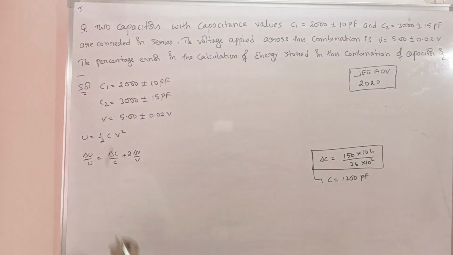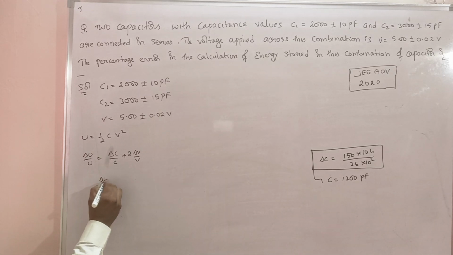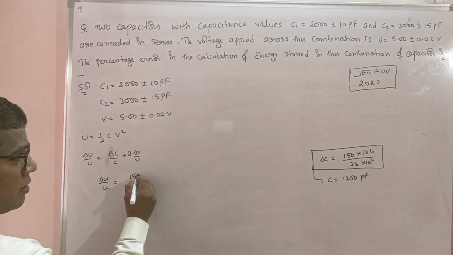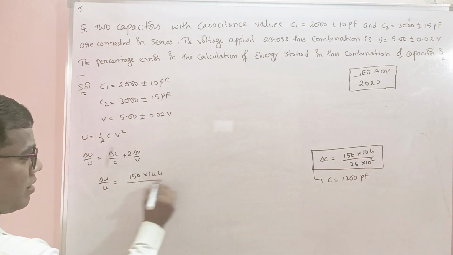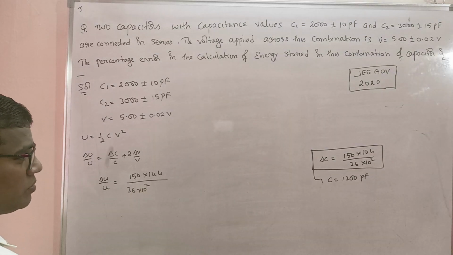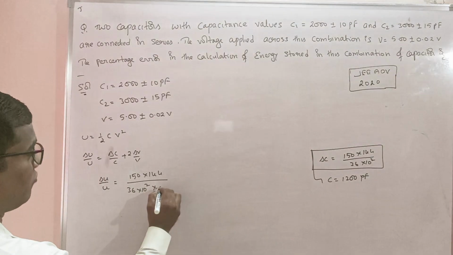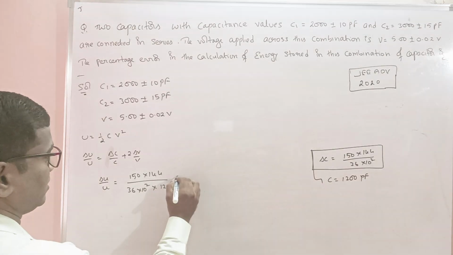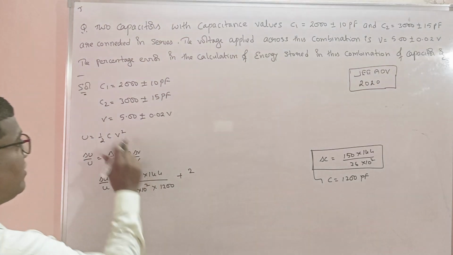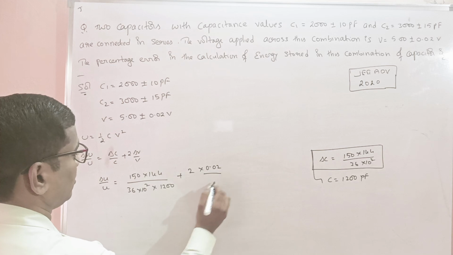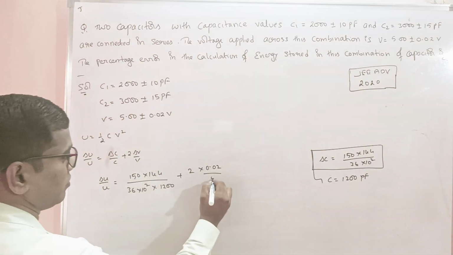See here. Again I want to calculate delta U by U. It can be written as delta C we got 150 into 144 upon 36 into 10 power 2 into C we got 1200 picofarads, plus 2 delta V is given as 0.02 upon V5.